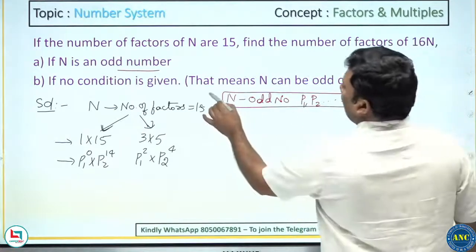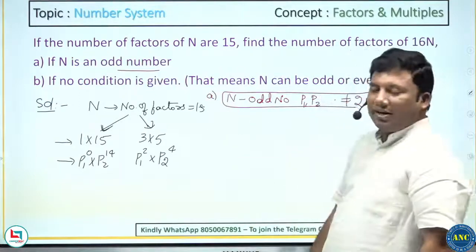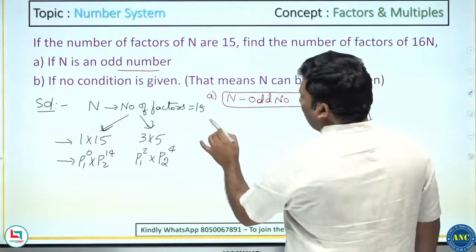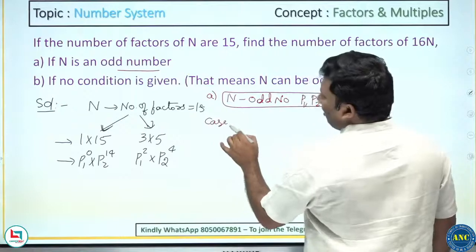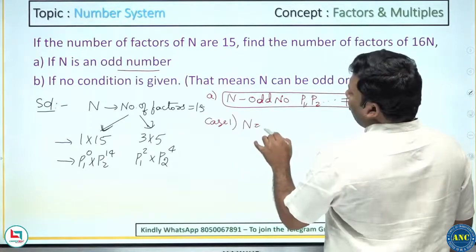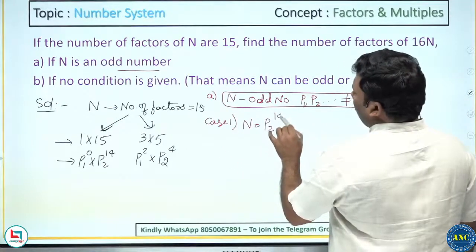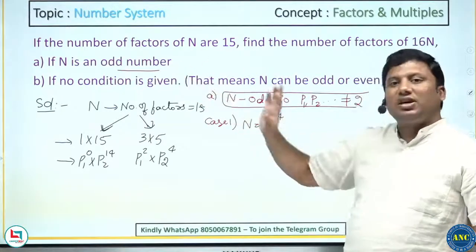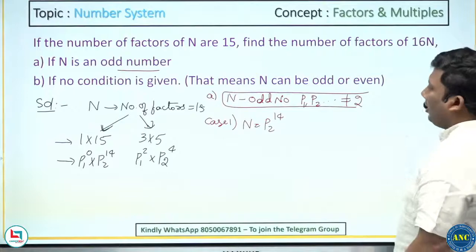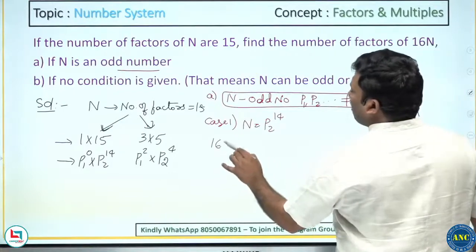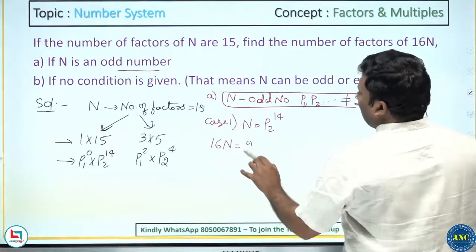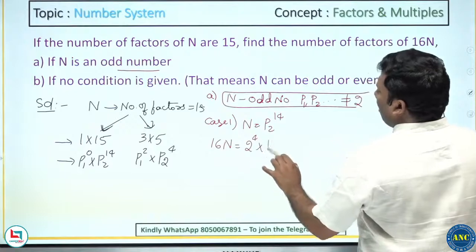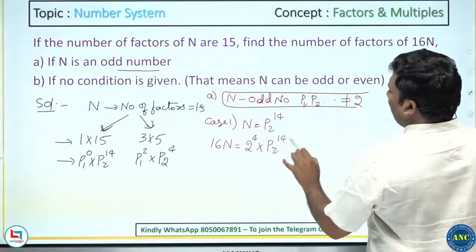First question, n is an odd number. So case 1, n will be p2 power 14. P2 must be an odd prime because the question says n is an odd number. Number of factors for 16n. 16 it is 2 power 4 into p2 power 14.